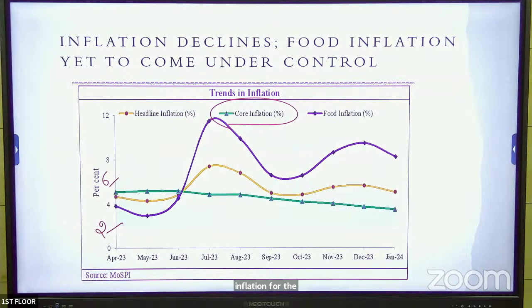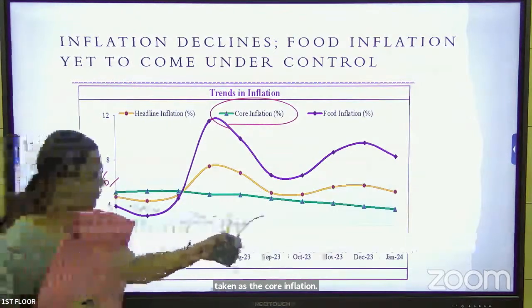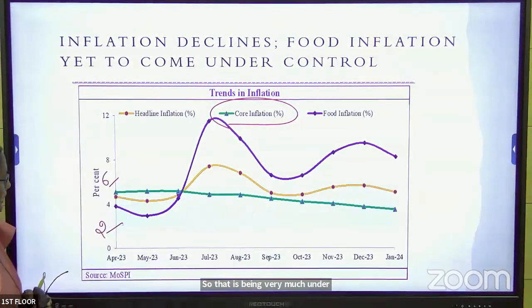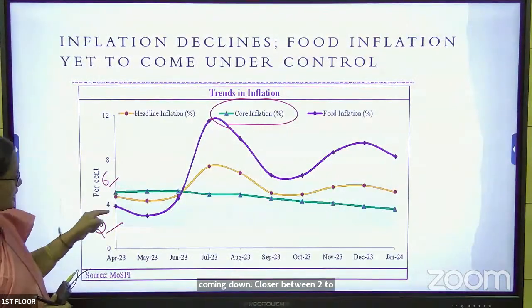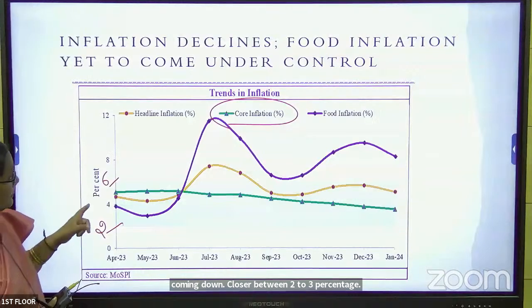So apart from the sensitive items, whatever is taken in the WPI and CPI is core inflation. That is very much under control, even coming down closer to 2 to 3%.